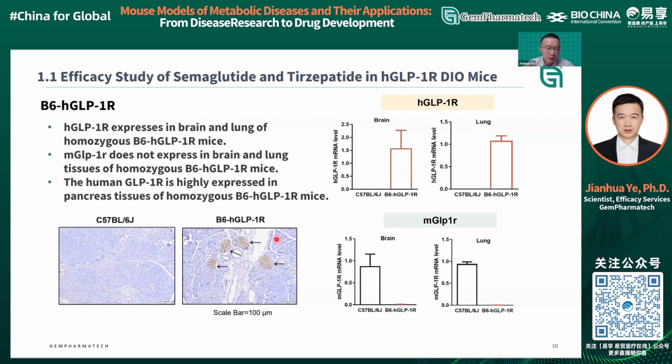We also collected the pancreas tissue. By staining, we can see here the human GLP-1 receptor is expressed strongly. And we cannot detect any signal of the human receptor in normal mice. So this data proves that our construction of the humanized mice is successful.